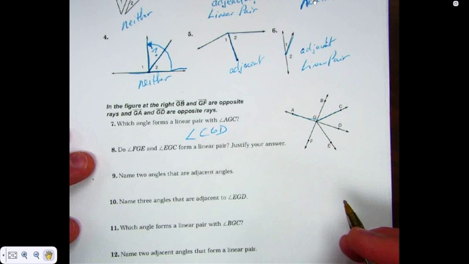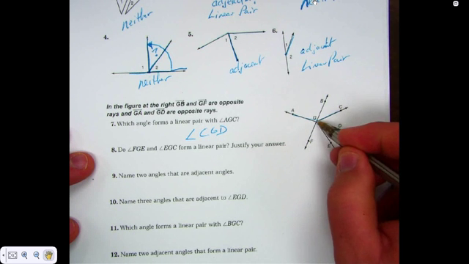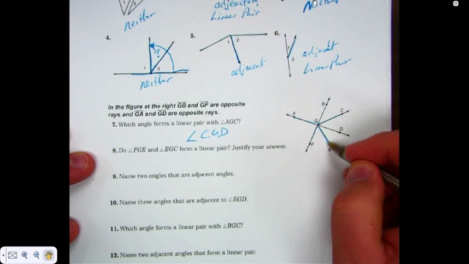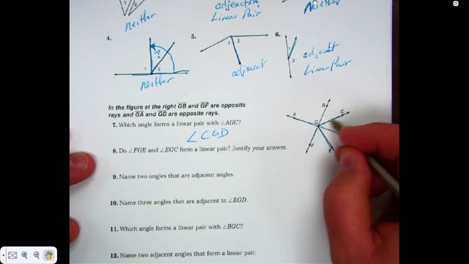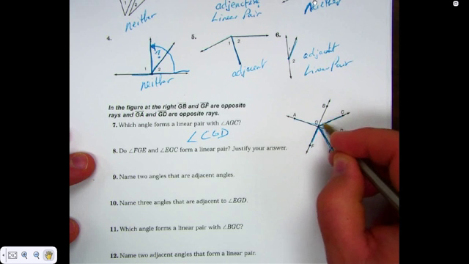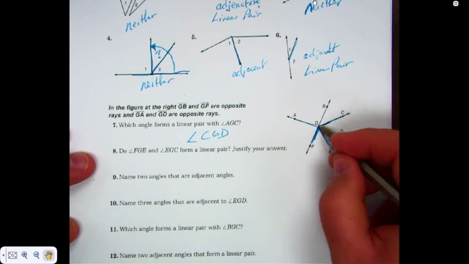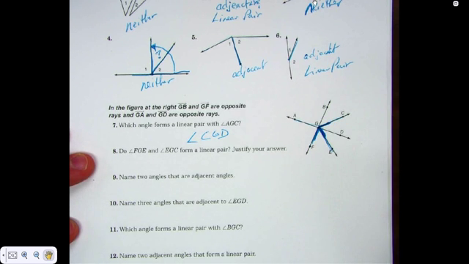Number 8, do angle FGE and angle EGC form a linear pair? Together, these two angles right here highlighted, do they create a straight line?